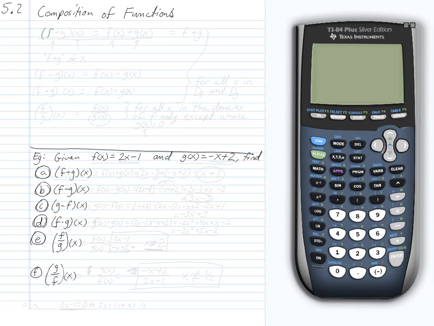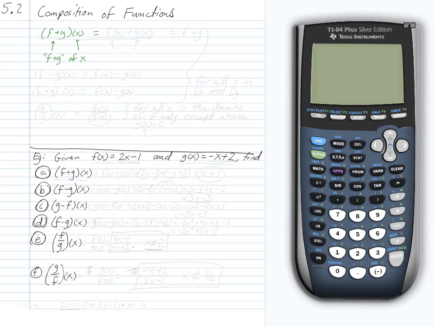So if we see something like f plus g of x, here we're saying the function's name is f plus g, and it is a function of the variable x. Now, how we're going to find this function or evaluate this function at values is using the definitions in the notes.